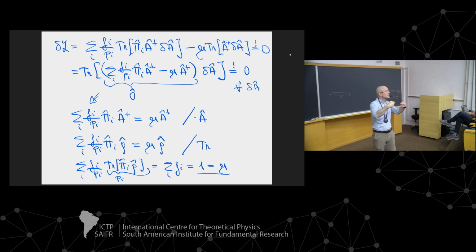We of course use only terms with the first power of the variation of A. Okay, we have something like this: trace of some operator times this variation of the operator should equal 0 for any variation.